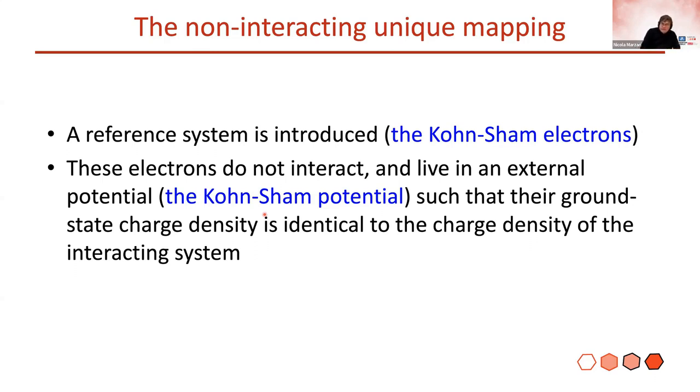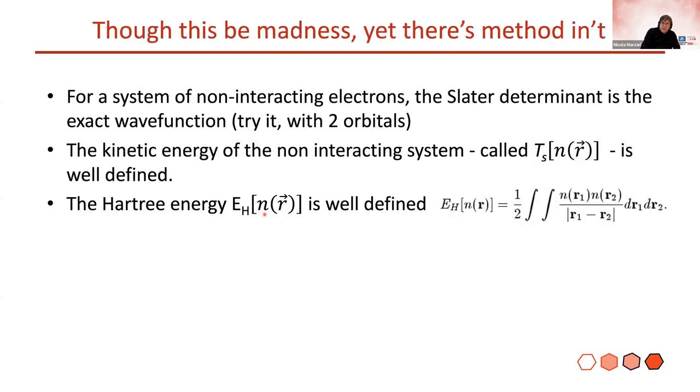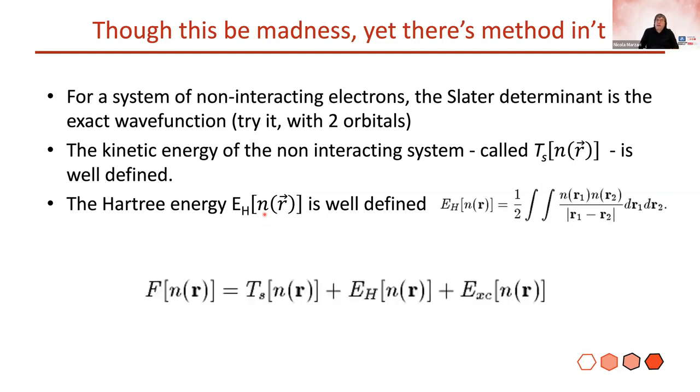This slightly bewildering construction was due to the fact that at this point you could decompose this very mysterious universal functional into three terms. F is unknown, and what Kohn and Sham do is break it apart into three terms, in which the first two are known and the third is unknown.